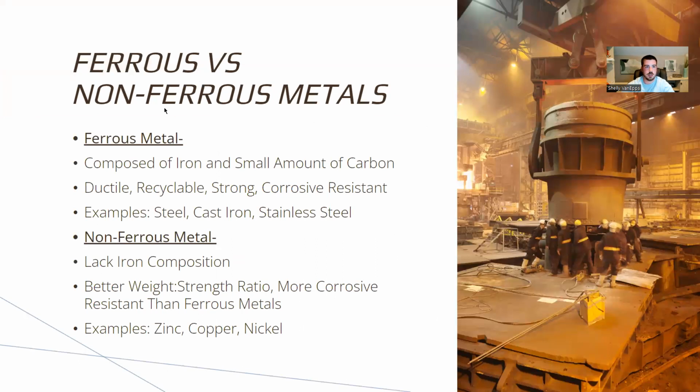Under the next category here, ferrous versus non-ferrous metals. Ferrous metals contain iron, while non-ferrous lack iron. They have similar properties, however, when it comes to corrosion resistance and weight to strength ratio, non-ferrous metals typically are better.